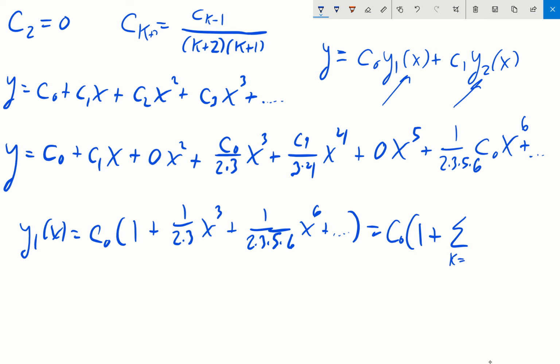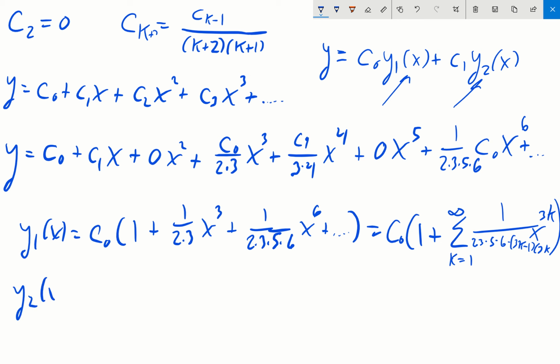So it's going to go from k equals 1 to infinity of x to the 3k, and then this product that we're seeing in the denominator, it goes 2, 3, 5, 6, 8, 9, which is multiplying 2 times 3. Then we get 5 times 6, so it's kind of like multiplying by pairs, skipping over the things that have a 4 in it. And then it would keep multiplying until we get to 3k minus 1 times 3k.